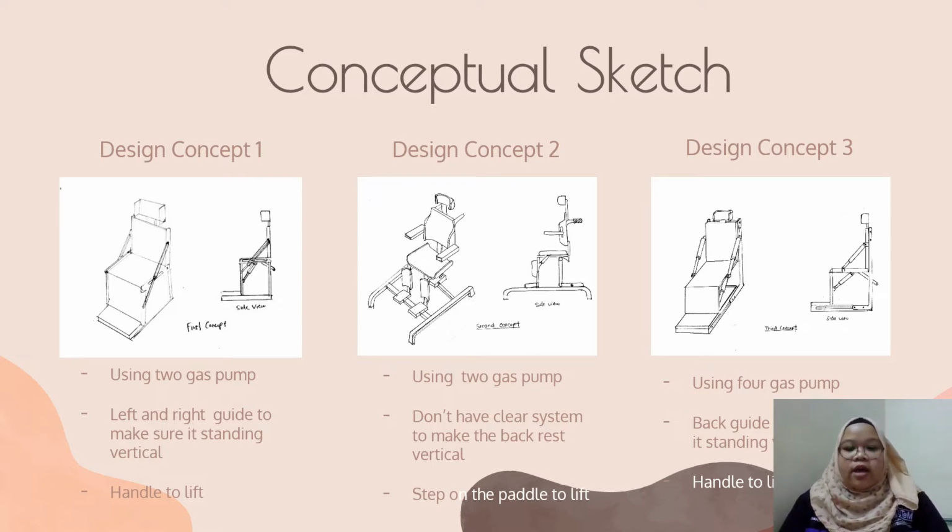It uses a step on the pedal to lift the subject. And the last one is design concept 3. It uses 4 pumps, and it also has a back guide to make the backrest always in a vertical position. Lastly, it also uses a handle to lift the patient.